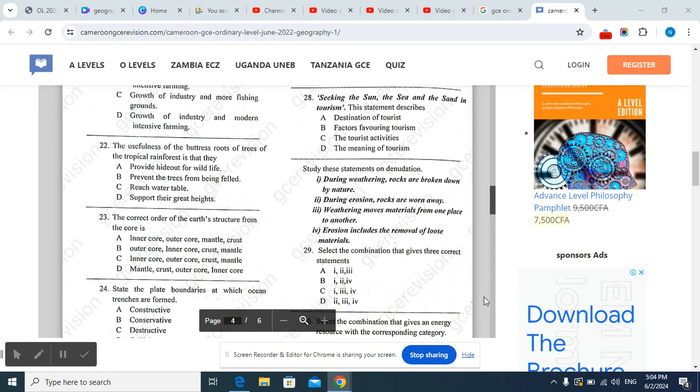During erosion, rocks are worn away. 3. Weathering moves material from one place to another. 4. Erosion includes the removal of loose material. Select the combination that gives three correct statements. The answer is B, which is 1, 2, and 4.